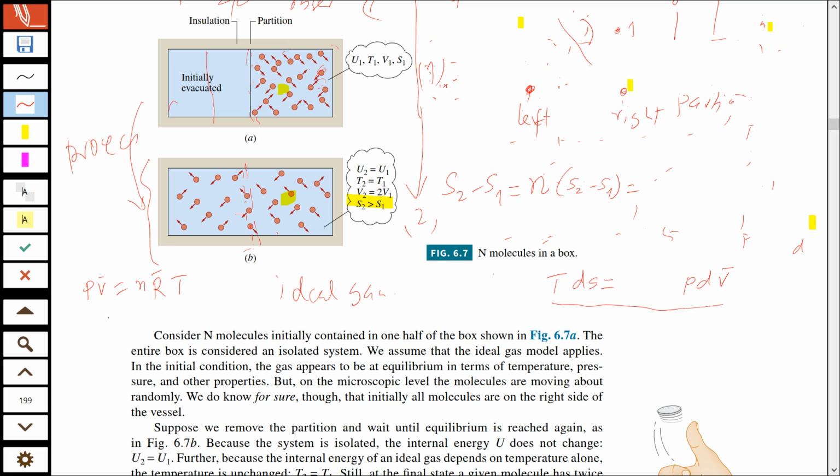So if I divide these two sides by T, I will have ds equals P over T, yeah, and from this equation P over T is nR bar over V, yes, over V bar. So I can now replace this with dV bar over V bar n times R bar. Agreed?